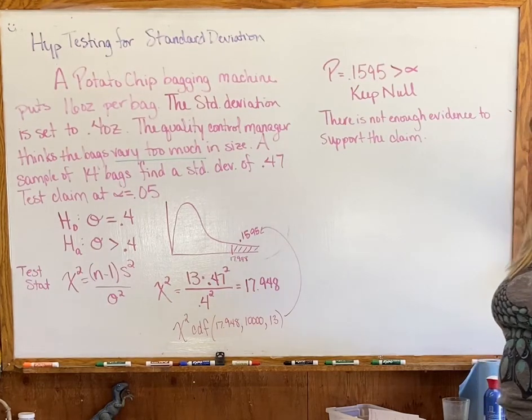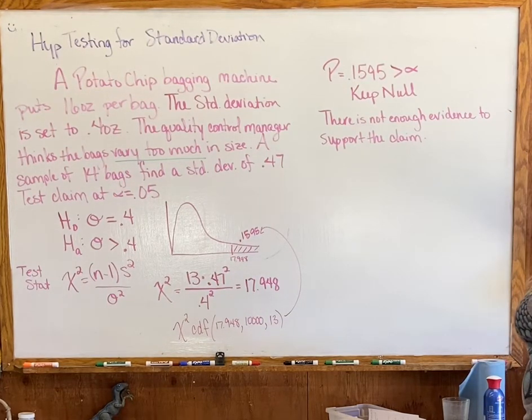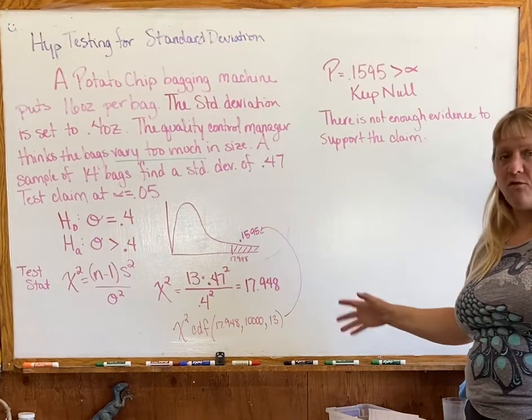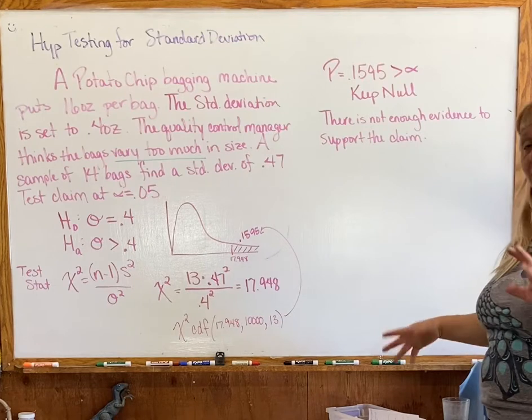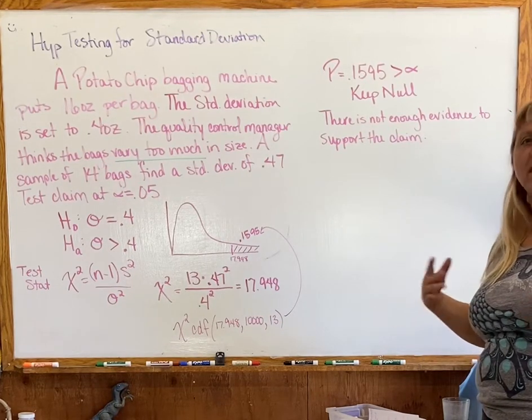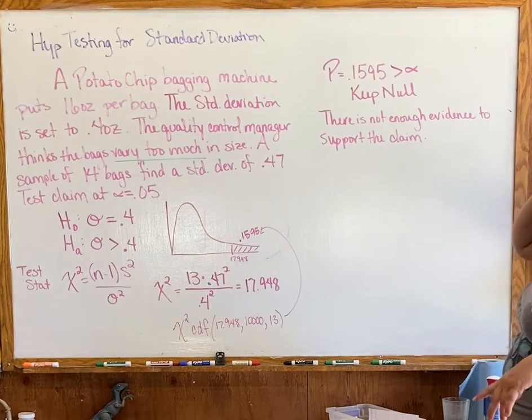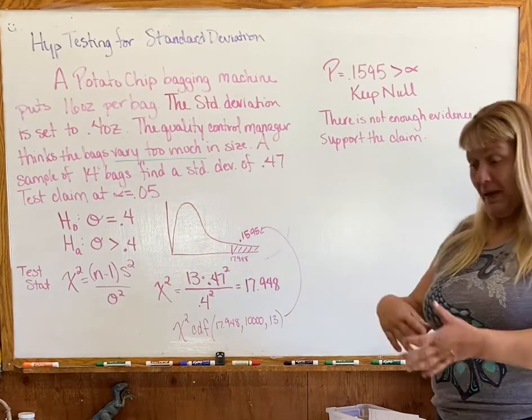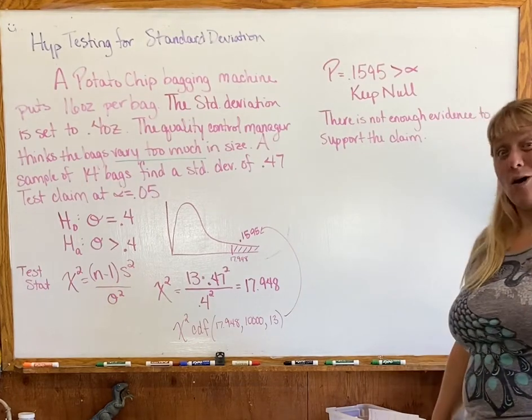Because let's think about this, okay? So if the bags vary too much, again, we talked about this, you're either gonna get a full bag or an empty bag or whatever, but the company is gonna start losing money and their reliability is gonna start to fade. But in order to fix a machine that's bagging potato chips, you gotta turn it off, okay?